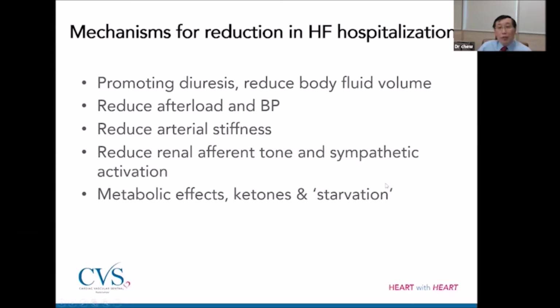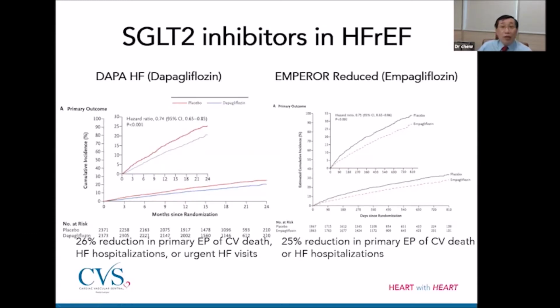Whatever it is, the mechanism is still not too clear, but studies have been carried out with SGLT2 inhibitors in patients with heart failure with reduced ejection fraction. The DAPA-HF study using dapagliflozin was presented in 2019.